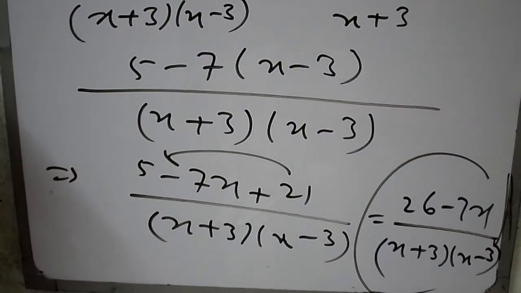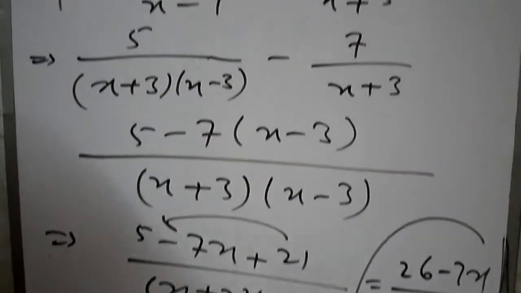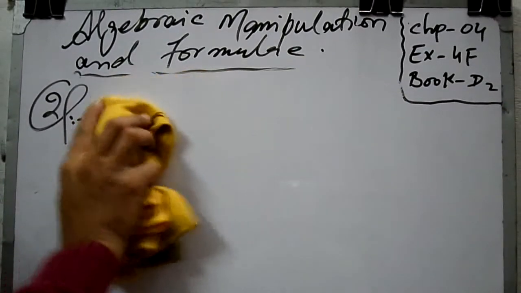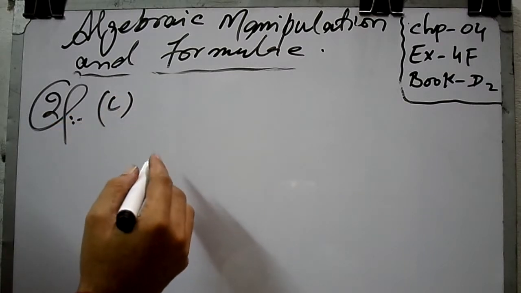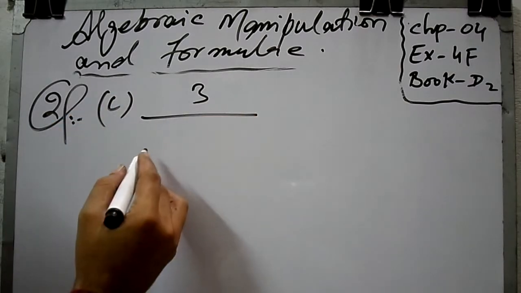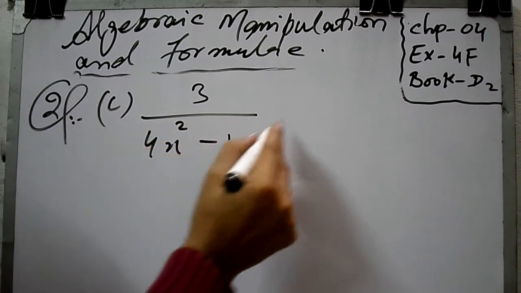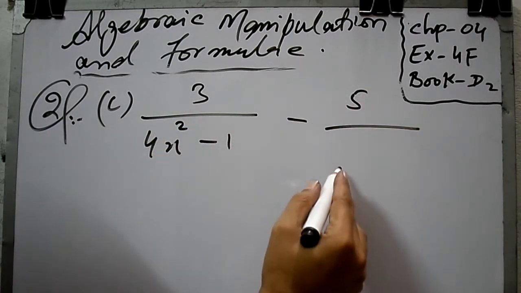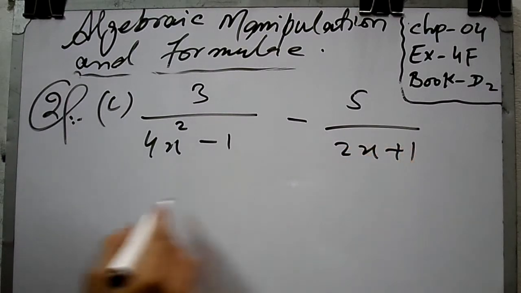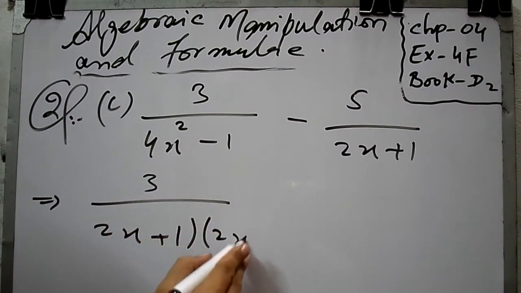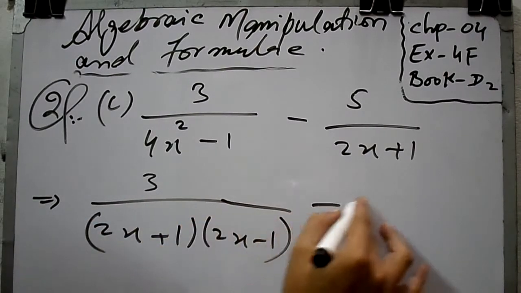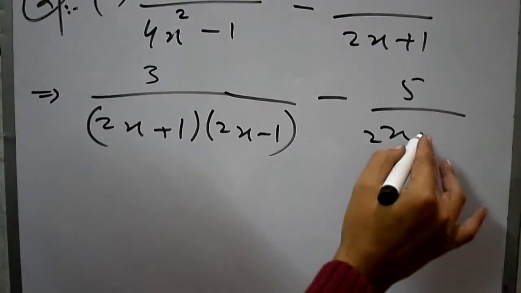Now coming to the C part. C part, 3 divided by 4x square minus 1 minus 5 divided by 2x plus 1. So you should apply the difference of two squares formula here: 2x plus 1 and 2x minus 1, minus 5 divided by 2x plus 1.